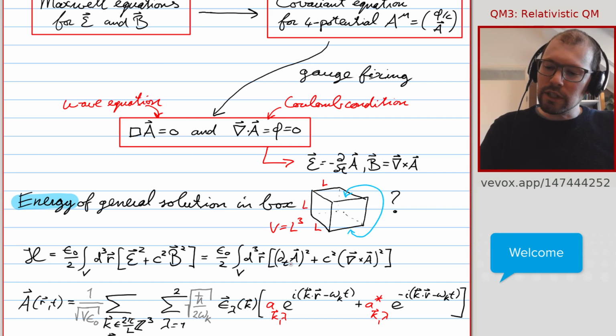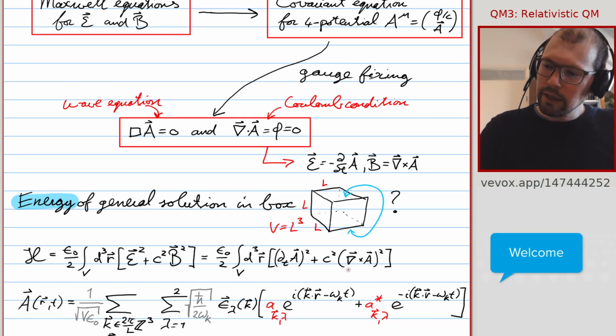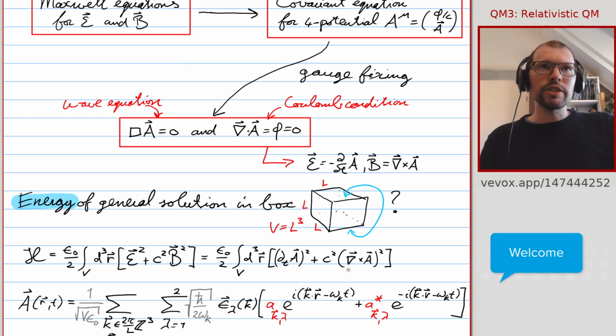So in terms of the vector potential, we have to take the square of the time derivative and then the square of the curl of the vector potential. Now that's very nice that we know very well what the energy is. So we're in a very good position, as soon as we're going to quantize, to actually know what the Hamiltonian will be and what the energy interpretation of the plane wave solutions will be.